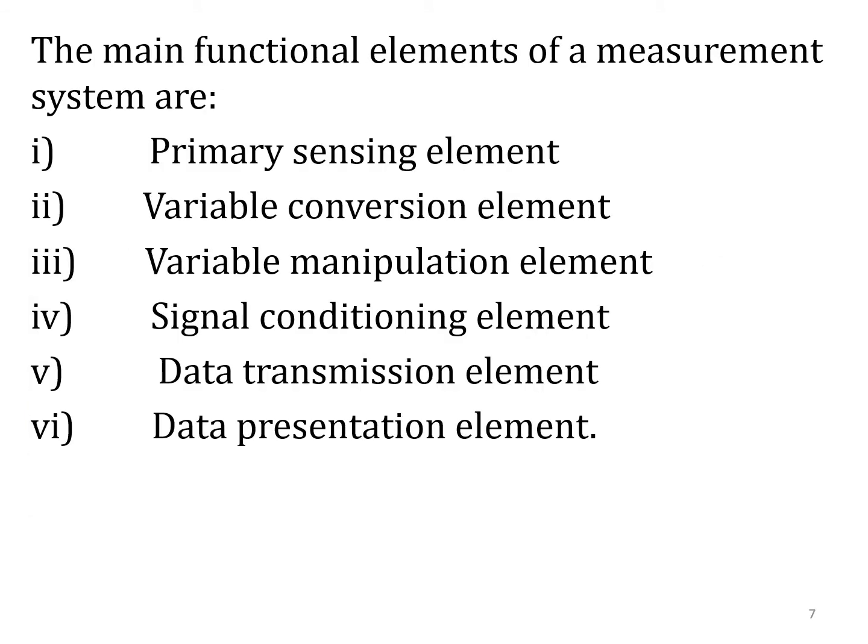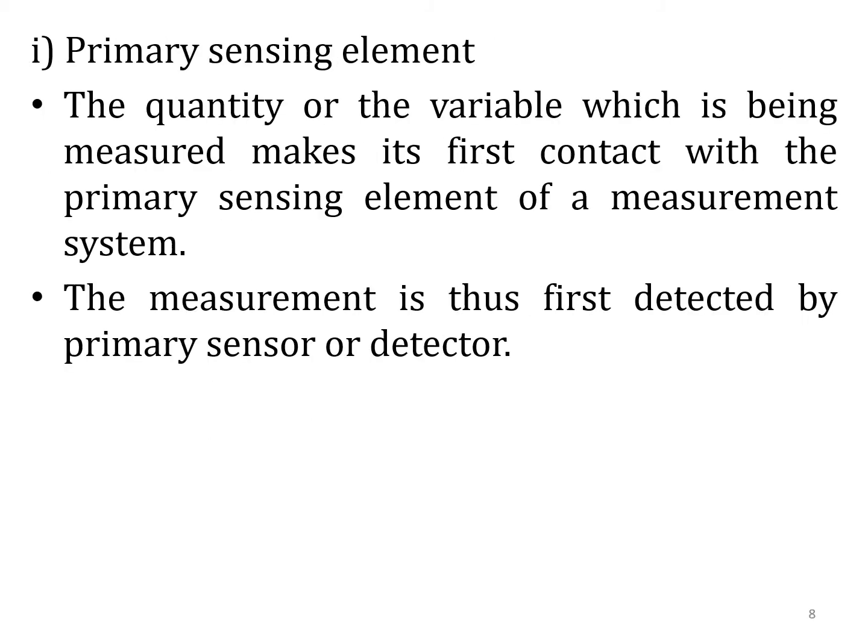We will see each block in detail. The first block is the primary sensing element. Then the second one is the variable conversion element, the variable manipulation element, then the data transmission element, and the data presentation element.